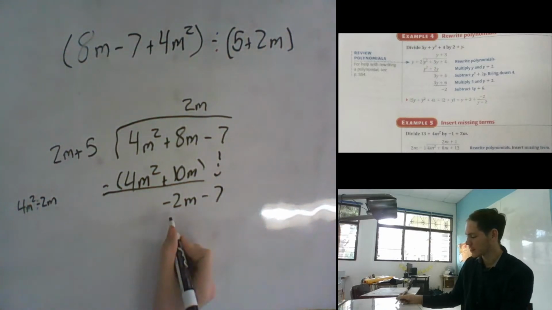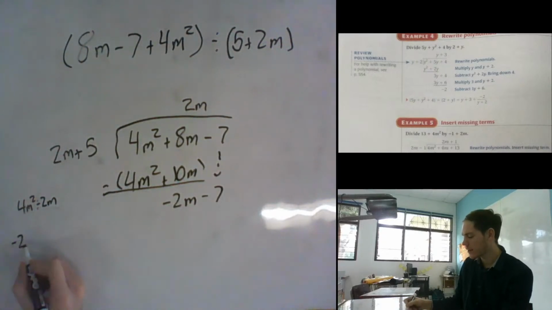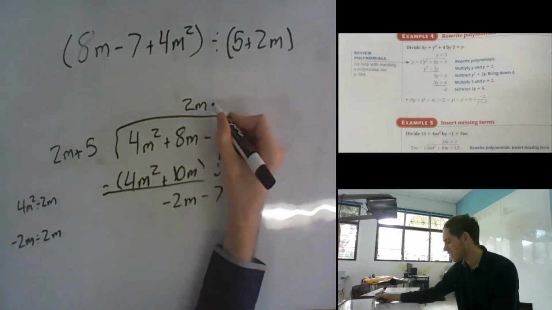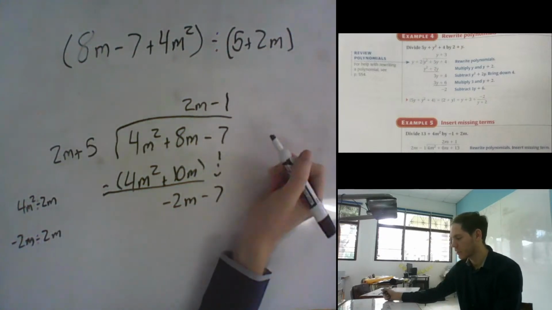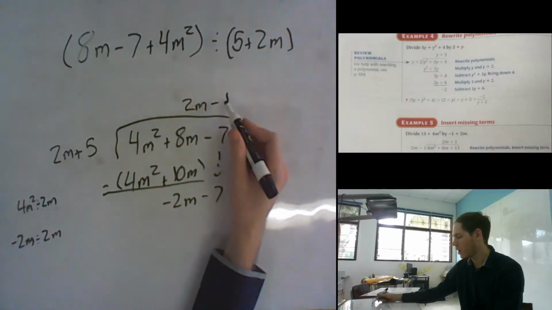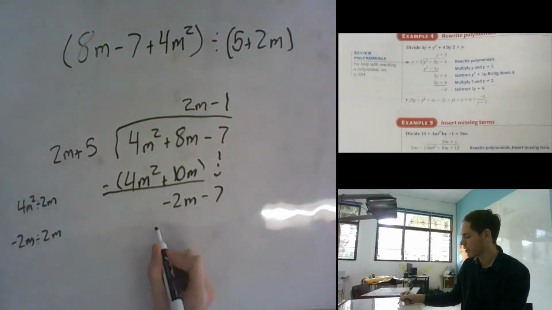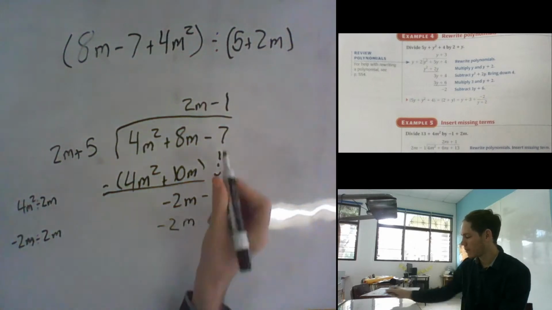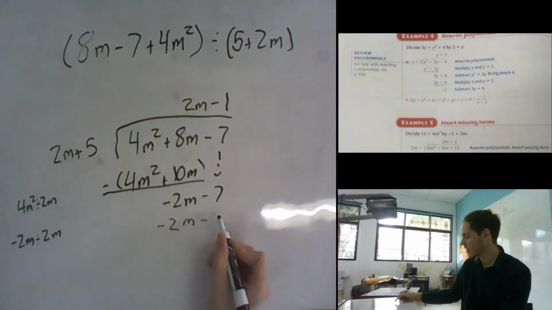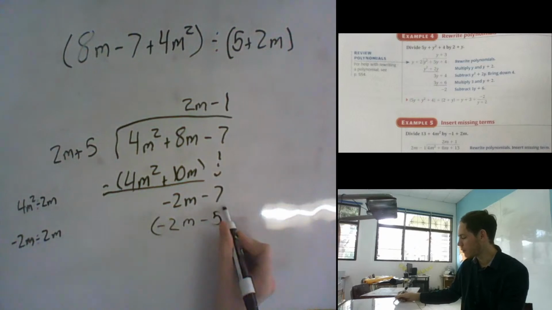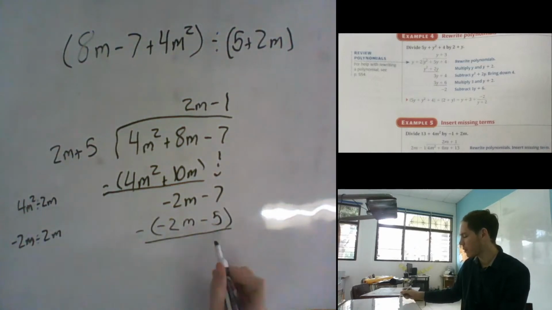Next step, think. What's negative 2m divided by 2m? Well, that's just negative 1. So I write that up here, minus 1. Minus 1 times this whole thing. So minus 1 times 2m is negative 2m. Minus 1 times 5 is negative 5. Now I'm going to subtract this from both.